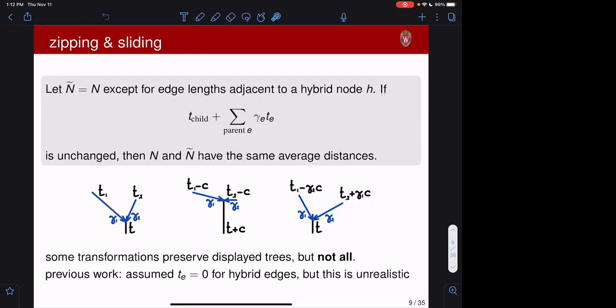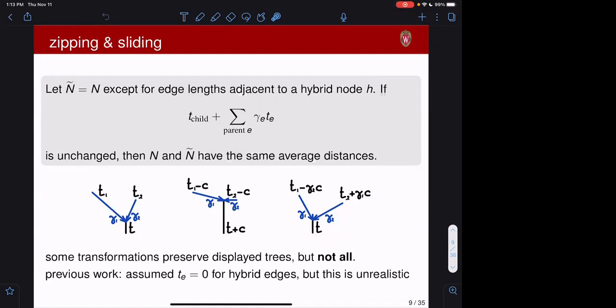And so that's not so surprising. But there is a second degree of freedom, actually, that is sliding that reticulation left or right. So not changing the child edge, but decreasing one and increasing the other of the parent edges. And if we have a polytomy here, then there are more degrees of freedom.